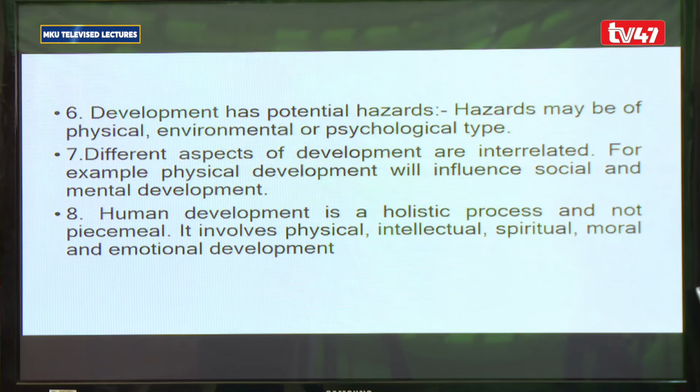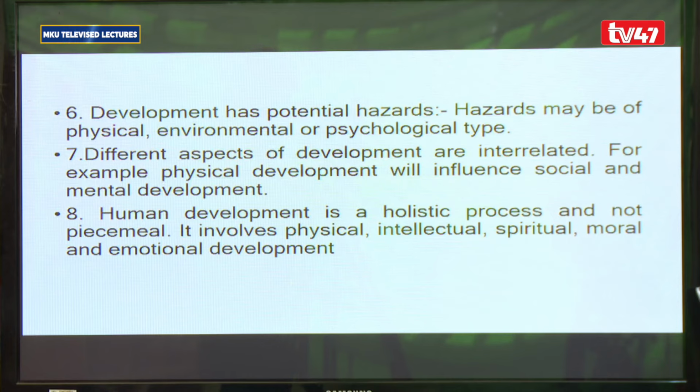Number 8, human development is a holistic process and not piecemeal. So when you say holistic, what comes to your mind? Holistic simply means that it is integrated. It doesn't take place bit by bit. And therefore, it involves physical, intellectual, spiritual, and emotional development. Meaning what?